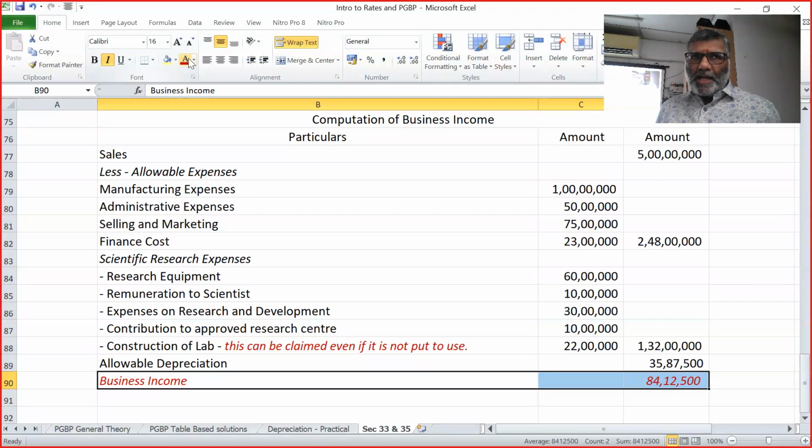The question that is asked is, can I make a contribution to scientific research which is not related to my business and still claim this deduction? The answer is yes. Suppose you are not at all a business associate, but you contribute for scientific research, under 80GGA, 100% can be claimed.